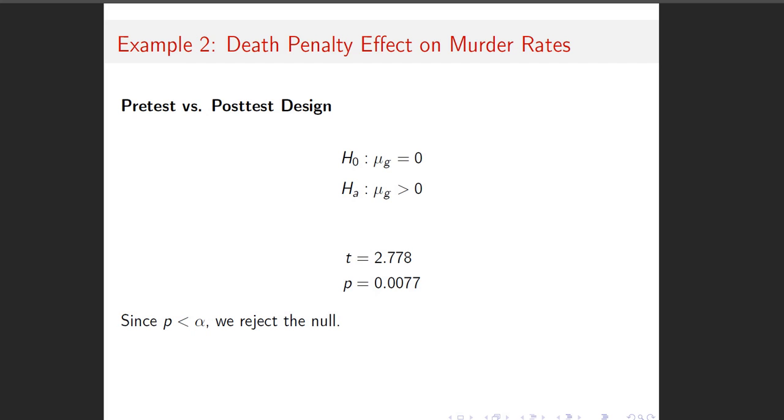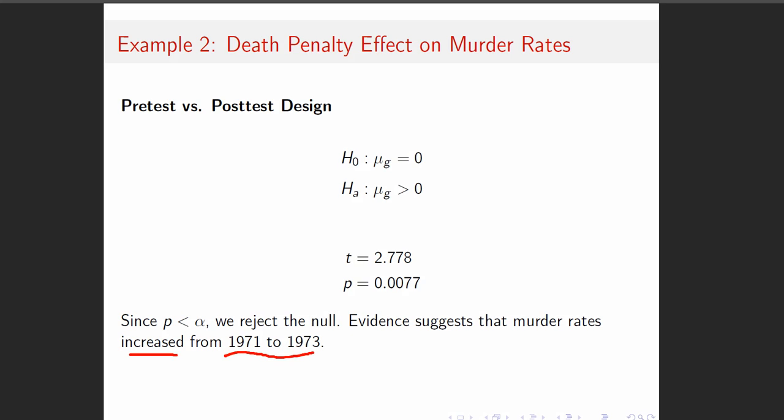And this is actually quite interesting, because here, when we reject the null, evidence suggests that murder rates increased from 1971 to 1973. There was an increase. And again, in the middle is when the Supreme Court banned the death penalty. Now, this is what we have evidence for, that the murder rates increased from 1971 to 1973. What people are going to argue about is why that happened.